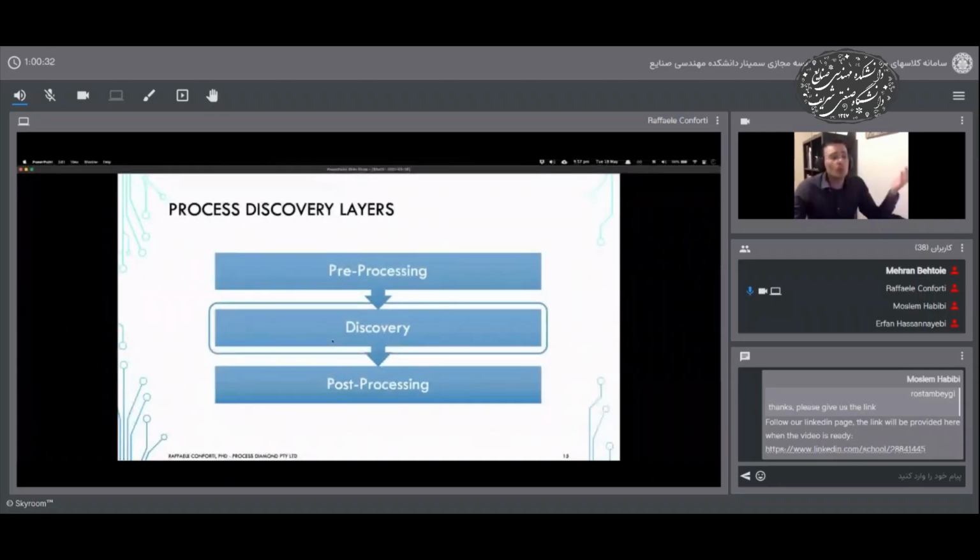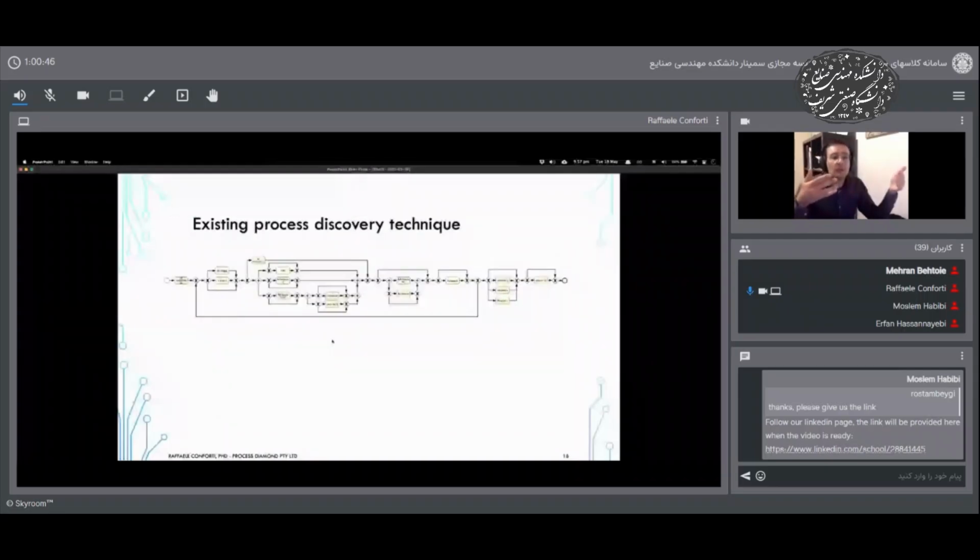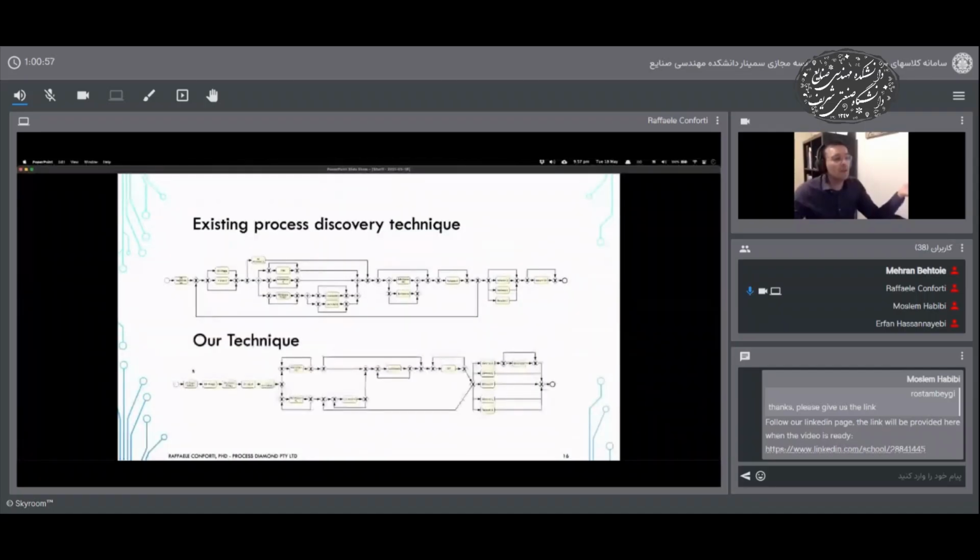So in case you may be interested, you can also gain some insight on how process discovery techniques tend to work. They tend to follow similar concepts. In this case, the top one is a model that is discovered using one of the existing techniques. And the model at the bottom is the one discovered using the technique that we're proposing.